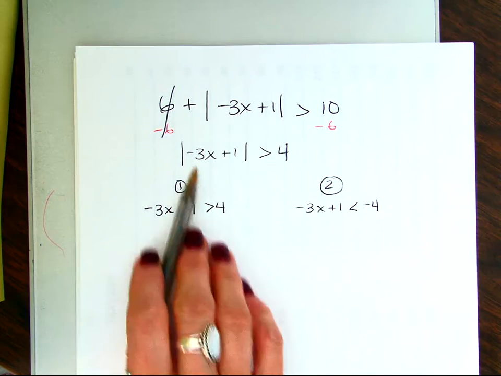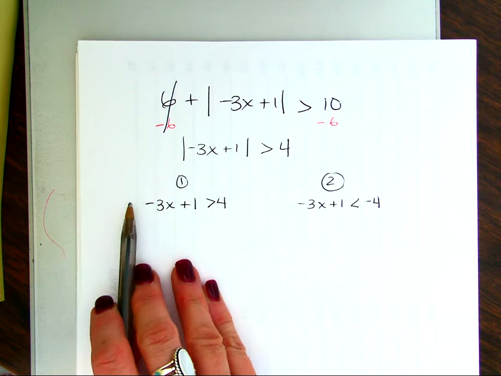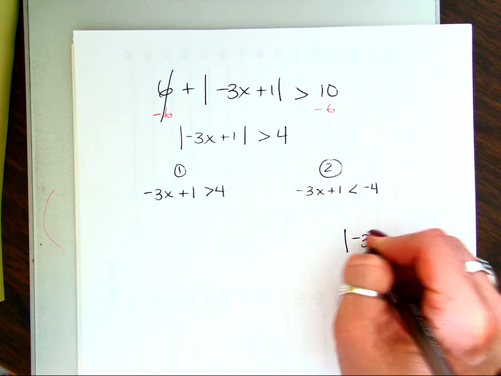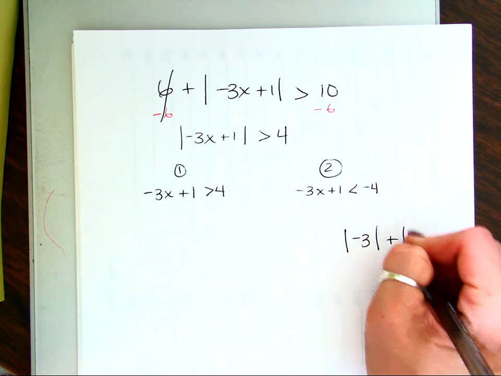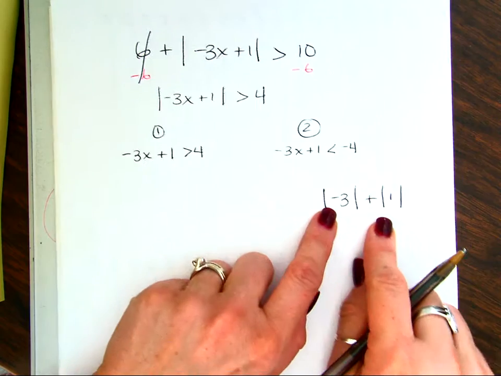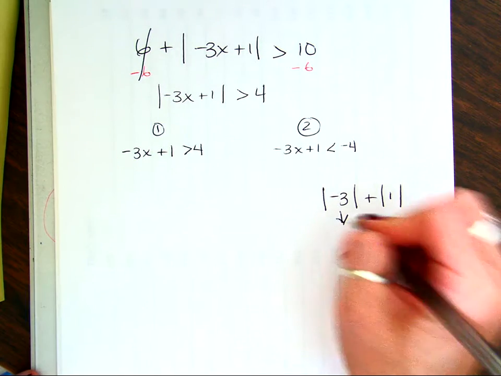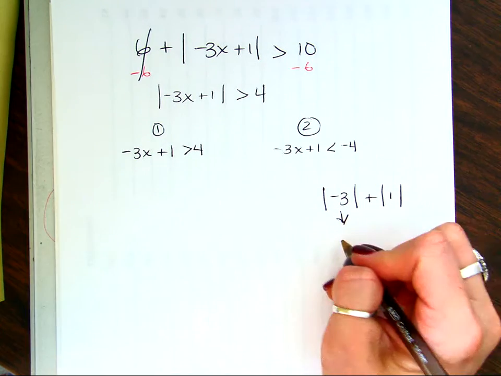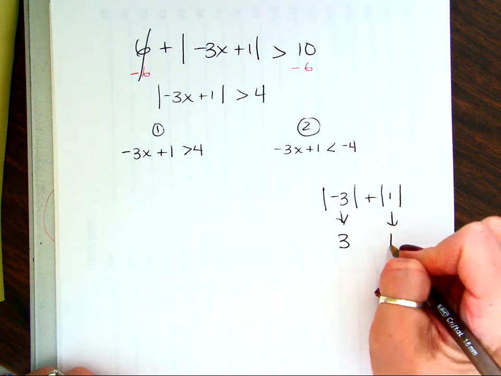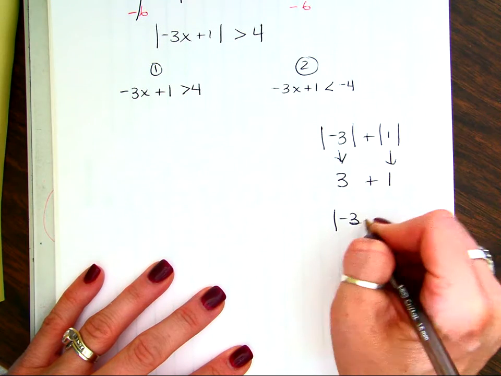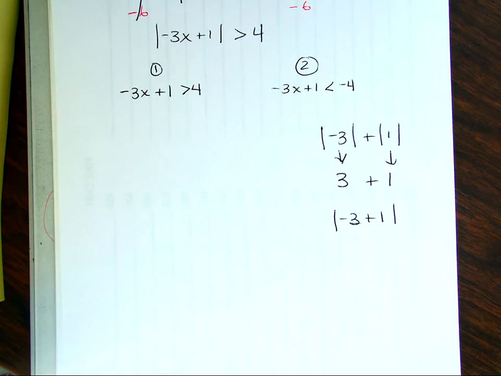Somebody said, why didn't you take the absolute value of that? A couple people did. I want you to think about when there's an expression like this. If they're in separate absolute value signs, that means take the absolute value of this term and the absolute value of this term and add them, right? If they are together, part of an expression, you have to treat it like that expression.